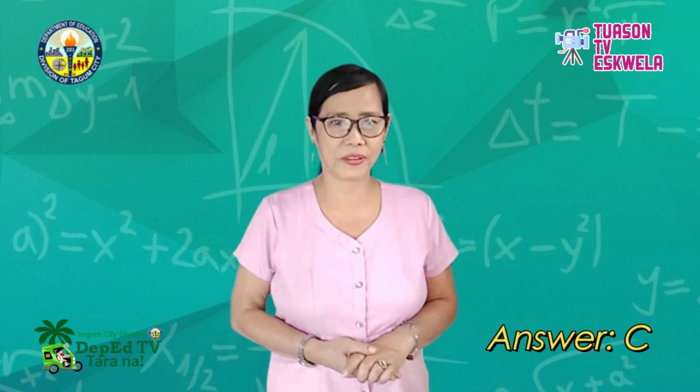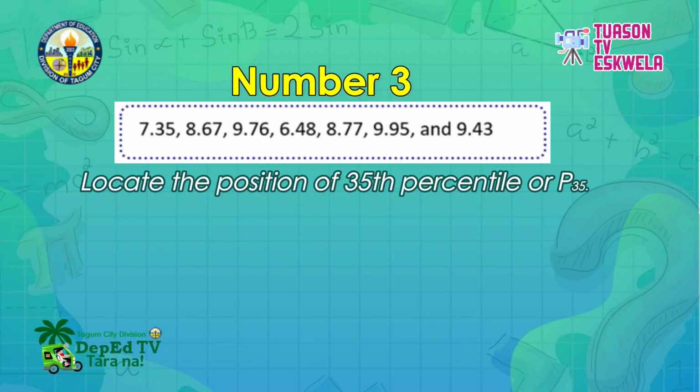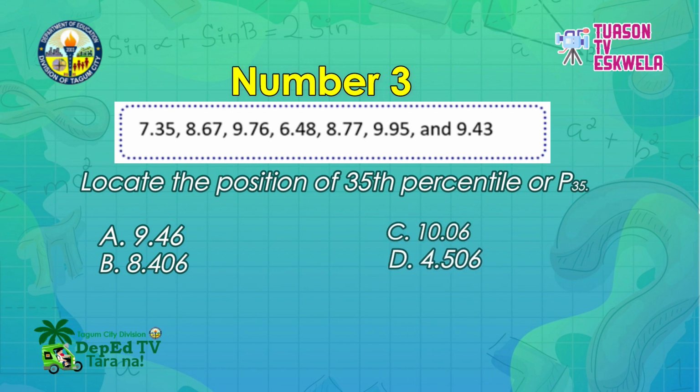For question number 3, locate the position of the 35th percentile or P sub 35. A. 9.46, B. 8.406, C. 10.06, and D. 4.506.